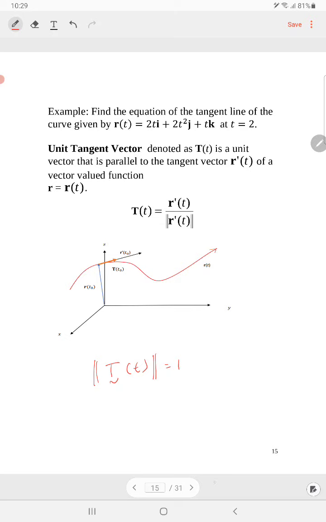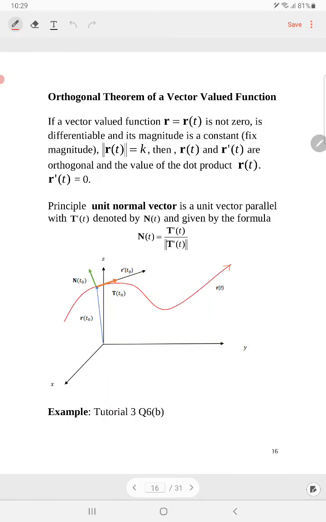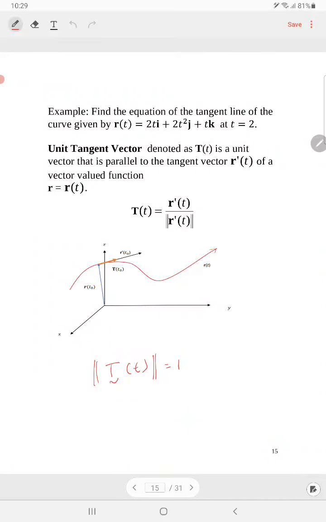So according to the orthogonal theorem, if the magnitude of a vector is a constant, then that vector and its derivative are perpendicular to each other. So the unit tangent vector T is perpendicular to T prime. T and T prime are orthogonal to each other, according to the orthogonal theorem.